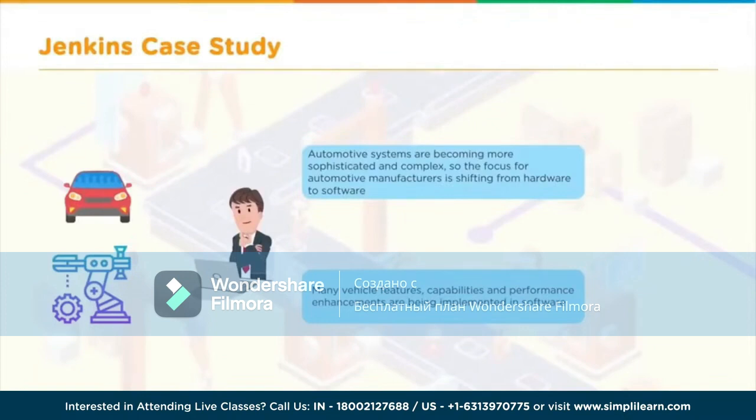We see the same thing with companies such as General Motors with their OnStar program. And Ford just recently have rebranded themselves as a technology company rather than just an automotive company. What this means, though, is that the software within these cars is becoming more complex and requires more testing to allow more capabilities and enhancements to be added to the core software.